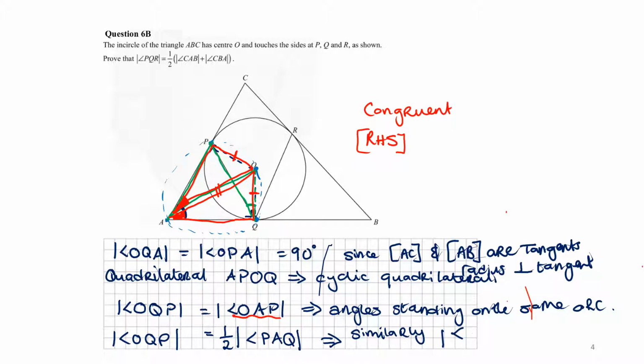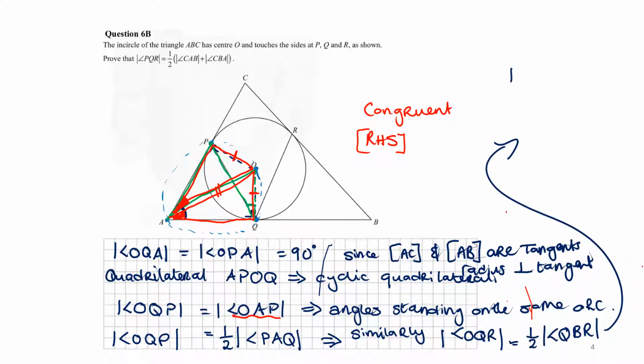And cleaning that up, so if you go to your diagram, O to Q to R and O to Q to P added together, that actually gives us angle PQR. And pulling that half out to the front leaves us with angle, now we have what's called PAQ, but that is absolutely fine to write as CAB, because that's just using the bigger triangle and the vertices of that bigger triangle, and that's what they want in the actual question. CBA, so that's QED, so done.